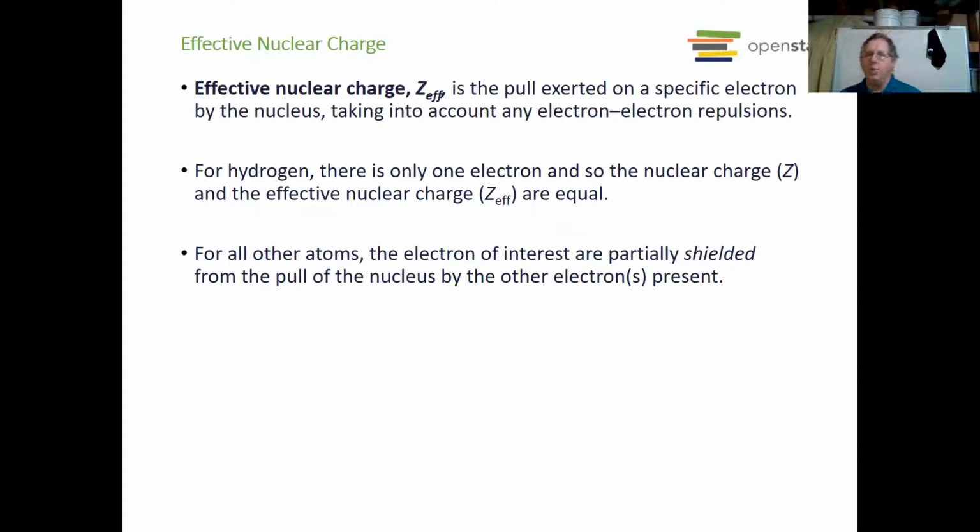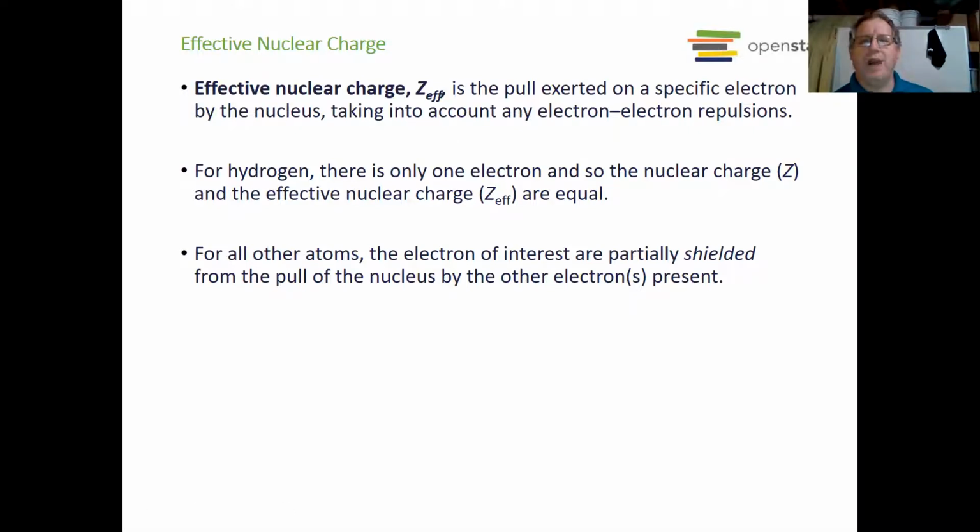The effective nuclear charge is generally calculated by taking the number of shielding electrons and subtracting that from the number of protons that are present. There are other ways of calculating the effective nuclear charge that are a little bit more accurate, but for this class, we're just going to keep it simple. We're just going to take the shielding electrons and subtract it from the total number of protons.